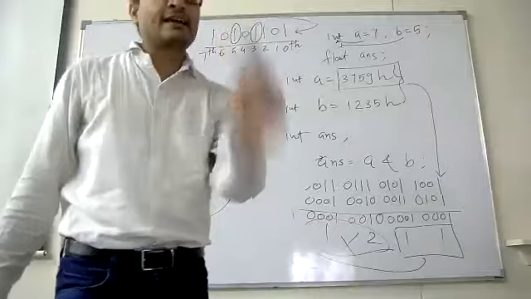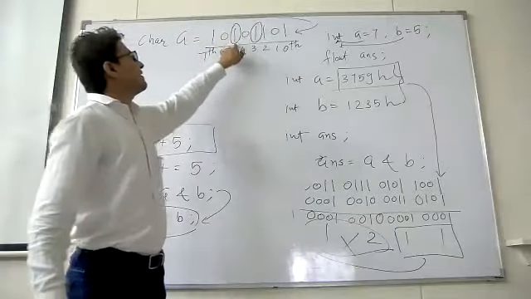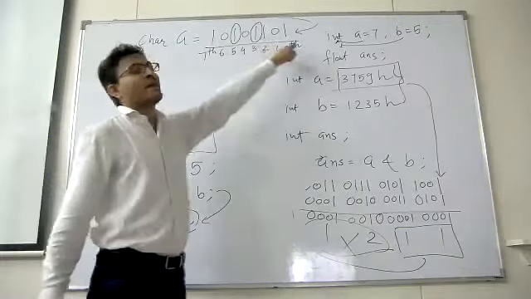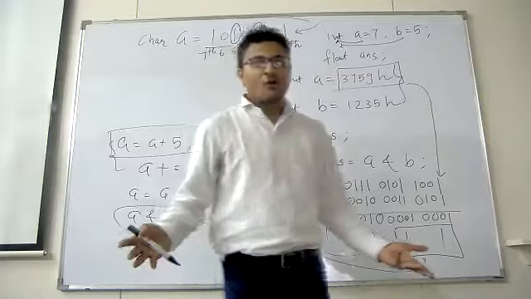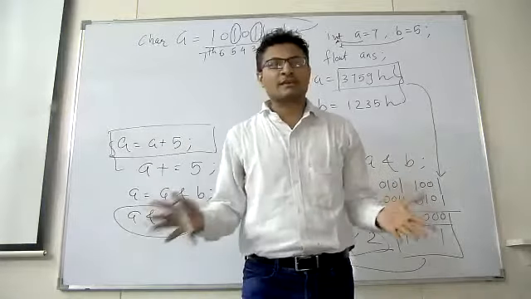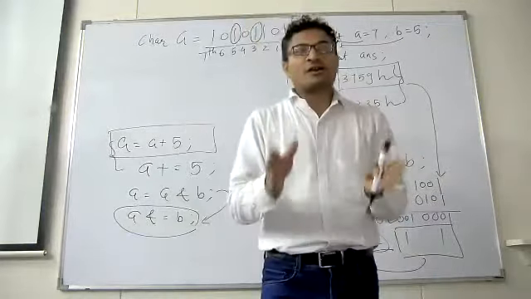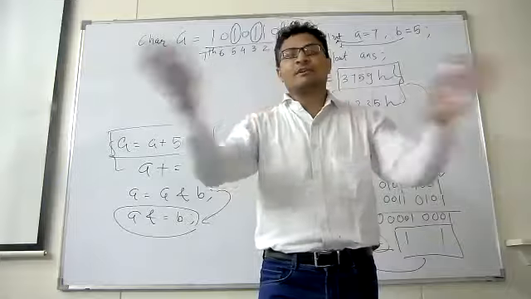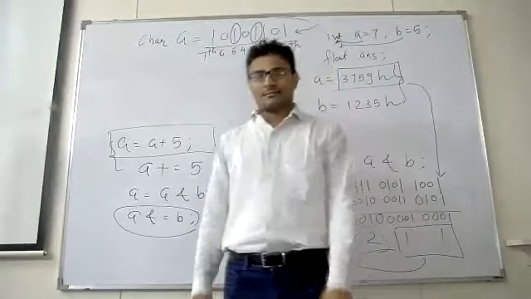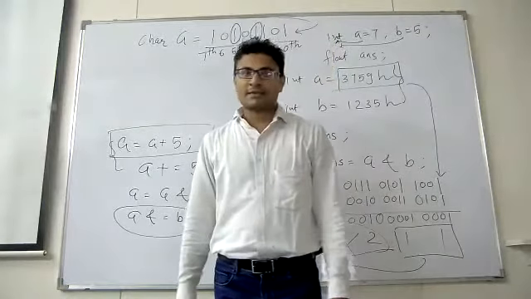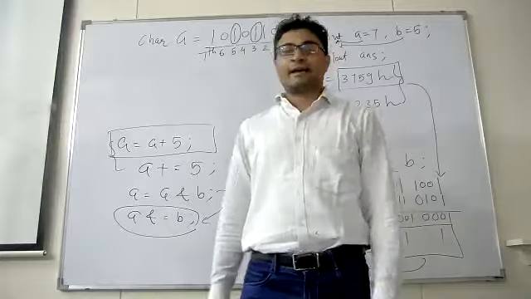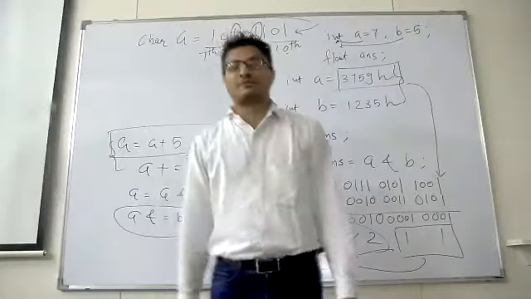Then how can I clear these 2 bits without affecting the remaining bits? Because in a controller or processor, we cannot affect all the other bits. Masking. So masking is what?